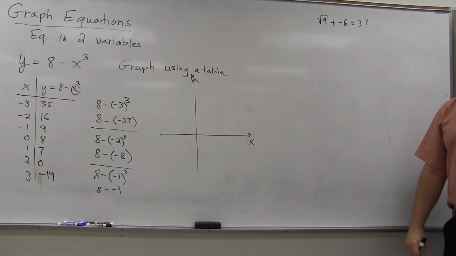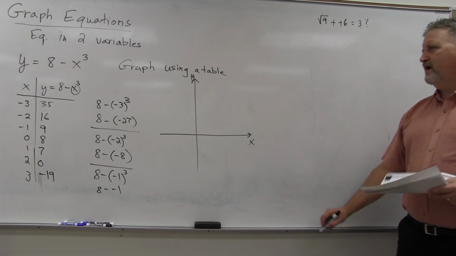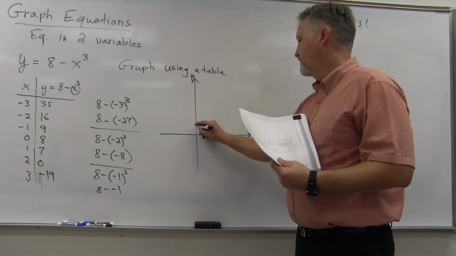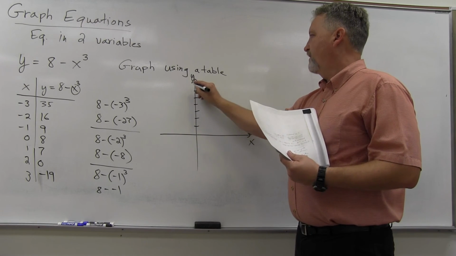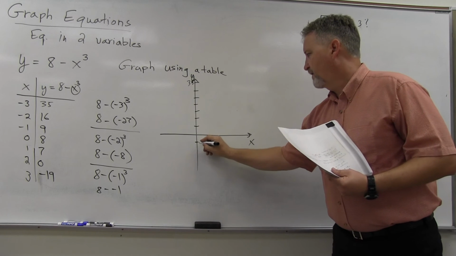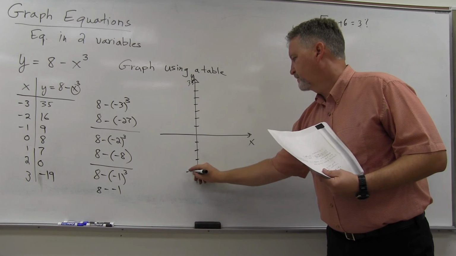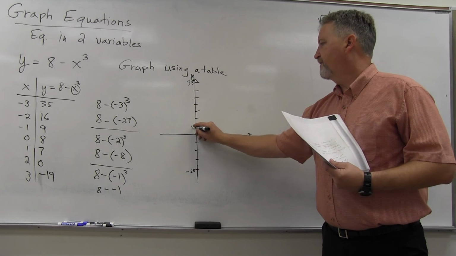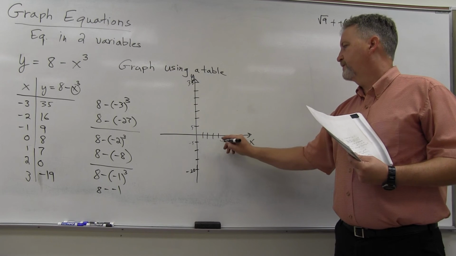So on the xy plane there, we need to go to 35, and let's go by 5s. Gives a pretty good idea there. It's 5, 10, 15, 20, 25, 30, 35. And then down negative 5, 10, 15, 20, 25s. We'll scale these by 1.